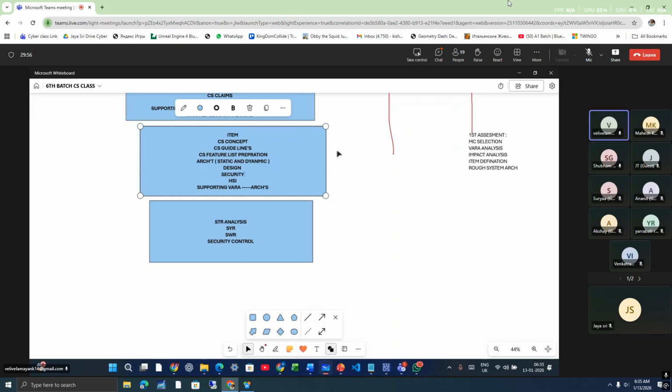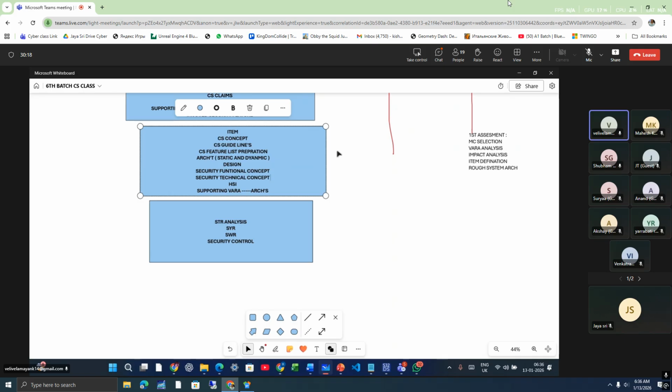Security functional concept and security technical concept.